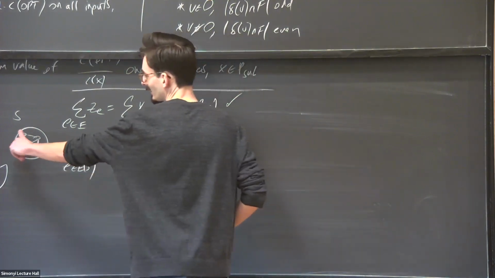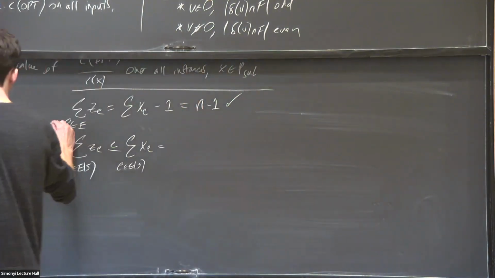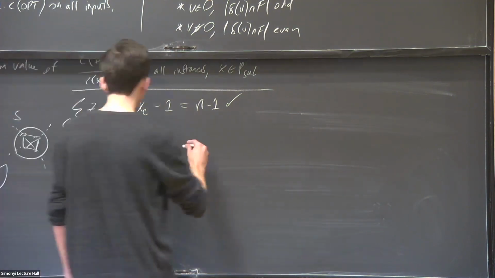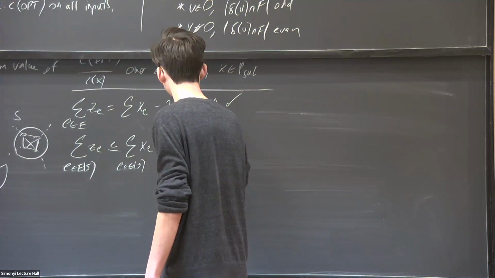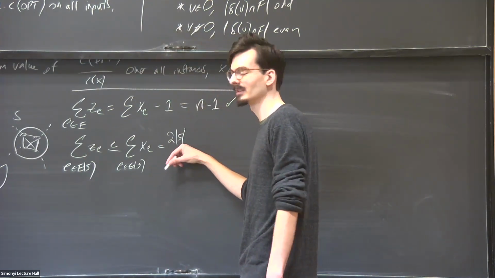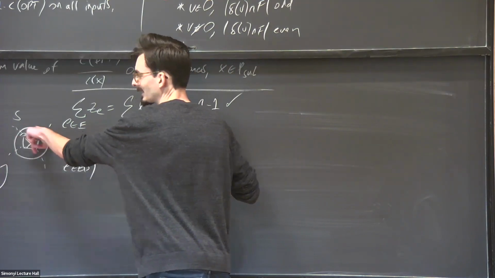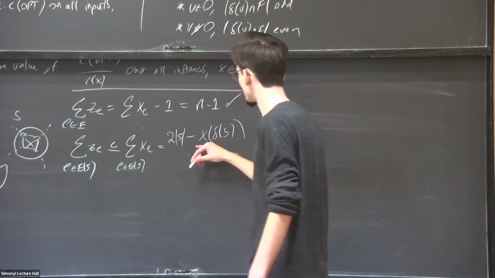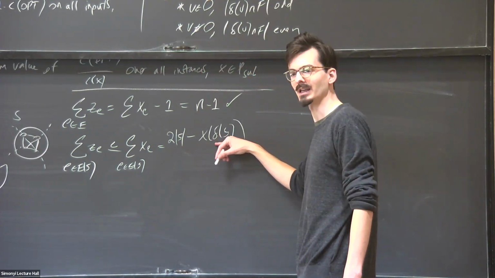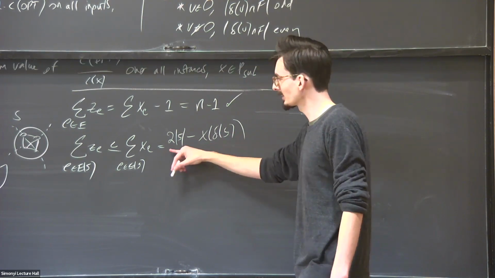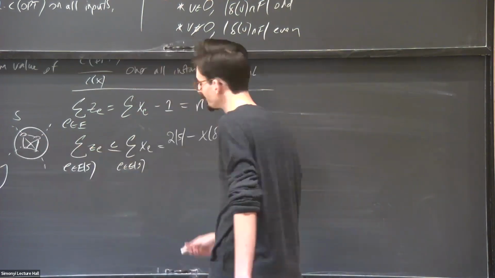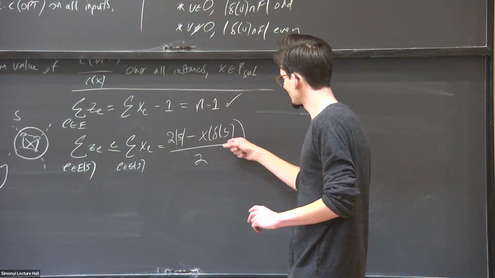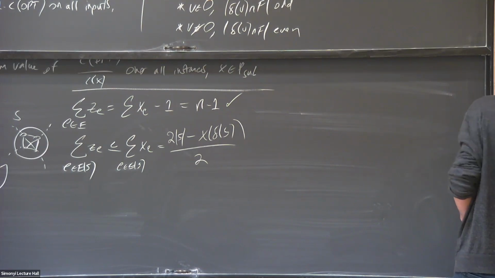I'm going to do the degree sum for the subgraph defined by S. The degree of every vertex is 2, so we're going to begin with 2 times the size of S. But I'm counting the edges in the cut, so I should subtract those. X of delta of S just means the sum of the x weight on the edges in the cut of S. And now I've double counted every edge in here twice, so I should divide by 2. But now we know that x of delta of S, because we're in the subtour polytope, is at least 2.